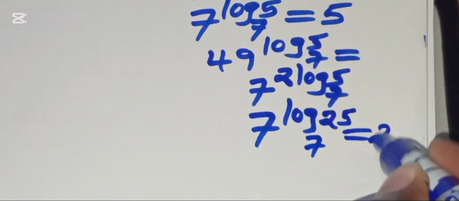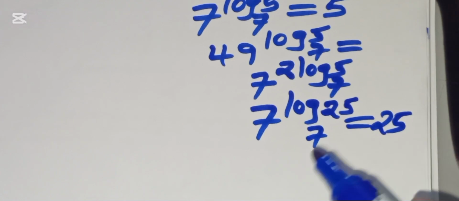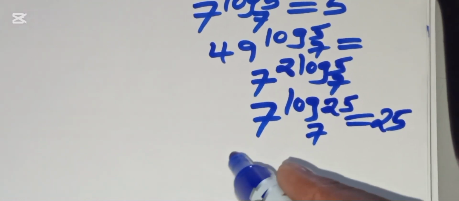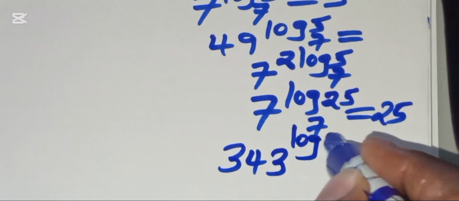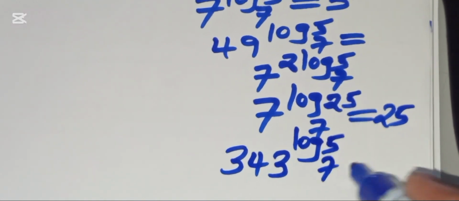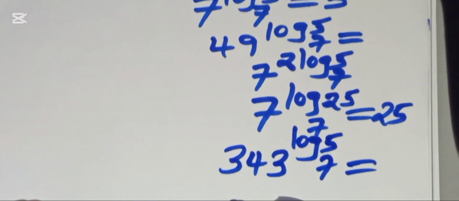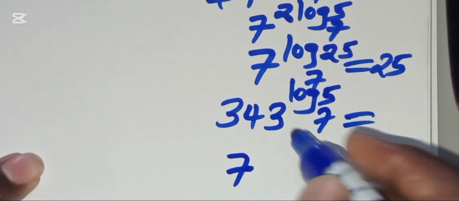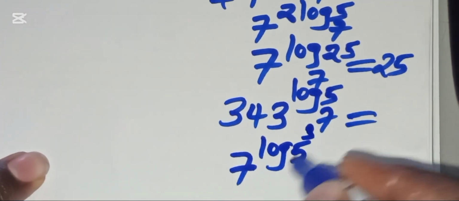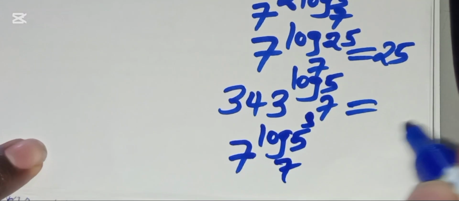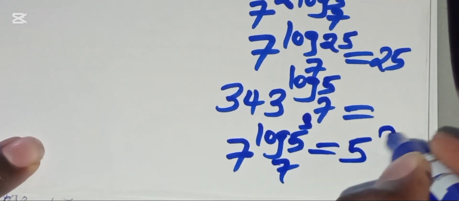So this is equal to 25. Now let's check 343. We have 343 raised to the power log 5 to base 7. This is the same thing as 7 raised to the power log 5 cubed to base 7, and this is equal to 5 cubed.